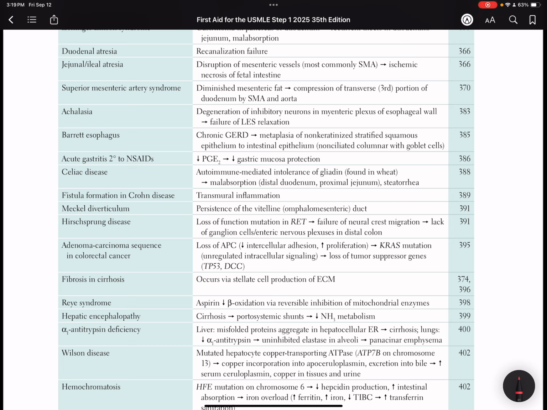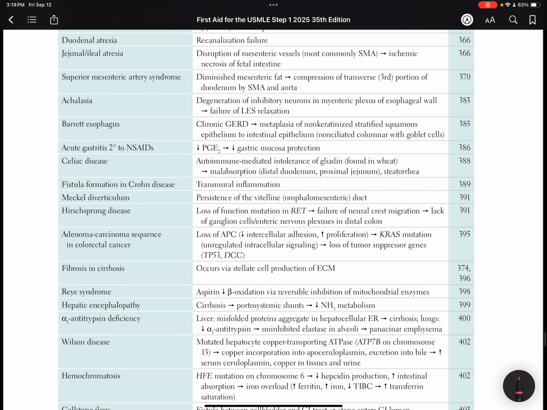What is jejunal ileal atresia? Jejunal ileal atresia is disruption of mesenteric vessels, which is most commonly due to superior mesenteric artery, SMA, causing ischemic necrosis of fetal intestine. What is superior mesenteric artery syndrome, SMA syndrome?